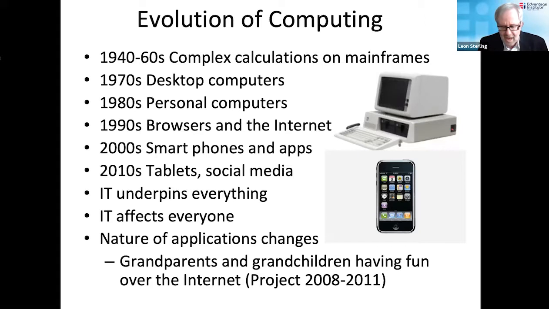When I started my university career and as a researcher, I started using desktop computers. In the 1980s, there were personal computers, so more people started using computers. The picture here is of an early IBM PC. The Macintosh, which really changed the whole interface for computers, happened in 1984.